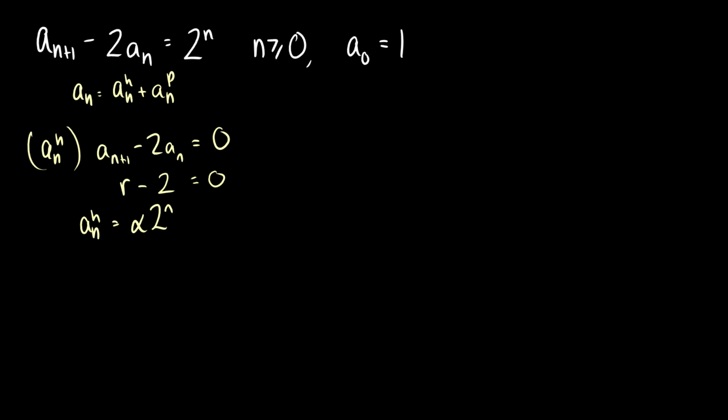This might seem a little unintuitive, but because the whole recurrence relation is the homogeneous plus the particular, we can't solve constants yet, so we cannot solve this alpha yet. So now what we do is we solve for the particular, which we'll call a_n^(p). So this is the case where a_{n+1} minus 2a_n is equal to 2 to the n.